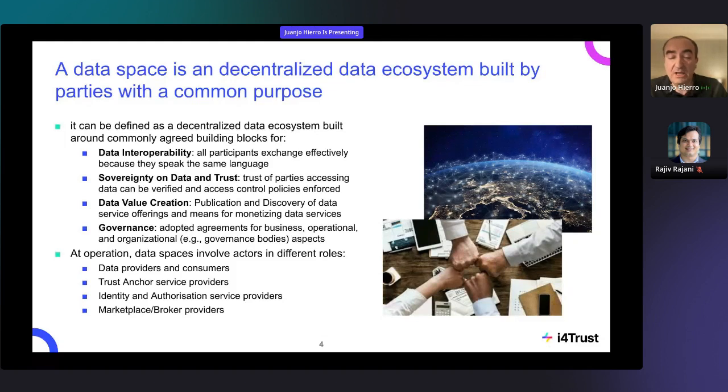There will be trust anchor service providers who will be the entities providing those services to check the trustworthiness of the different actors involved in the interaction, identity and authorization service providers, and last but not least, marketplace broker providers that will implement the kind of data services, publication, discovery, and marketplace services that would be needed for creation of the value on data that is shared.